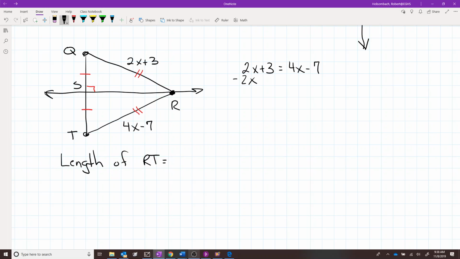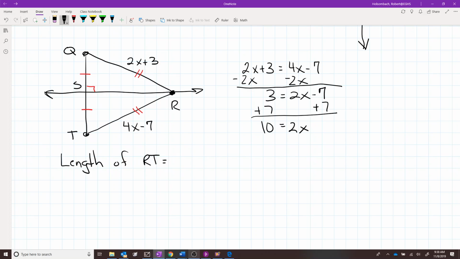So subtract 2x from each side. 3 equals 2x minus 7, and then add 7. And if 10 equals 2x, you can divide by 2, and 5 is equal to x. If 5 is equal to x, you can substitute it into the expression that represents RT. So 4 times 5 minus 7 is 20 minus 7, which is 13.